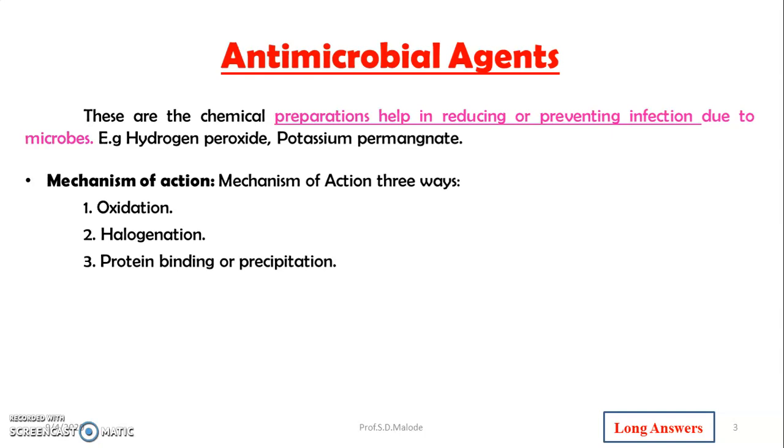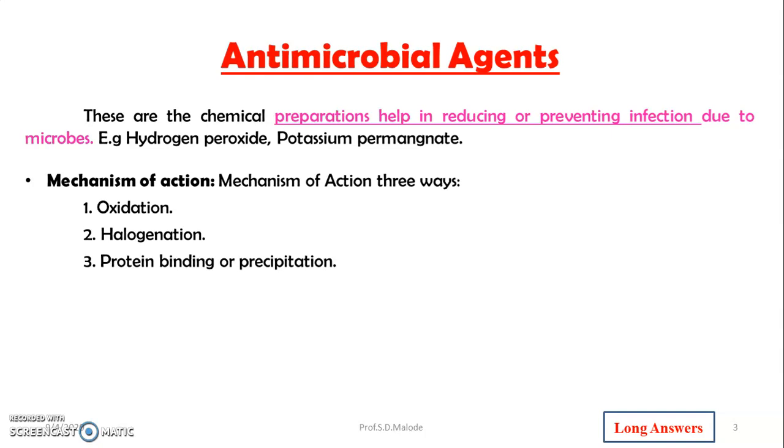Antiseptics are the agents which are useful in preventing sepsis, and generally these are agents which are useful on living things, while disinfectants are the agents which kill the microbes on inanimate things, that means non-living things. So these are the different terms which are used in antimicrobial agents.